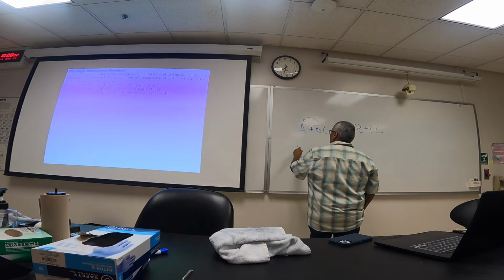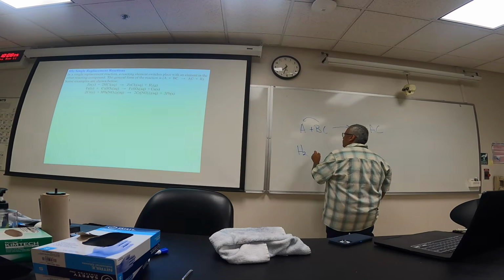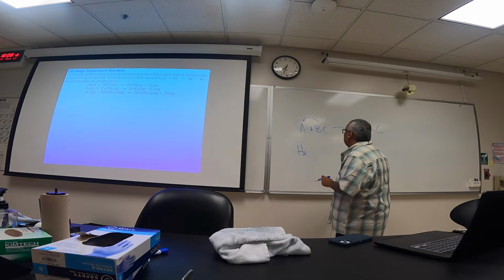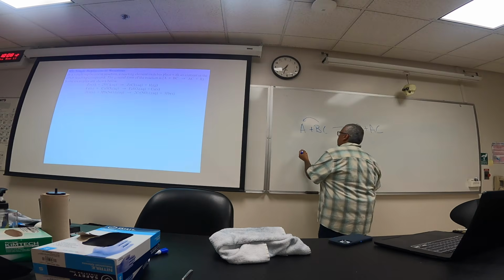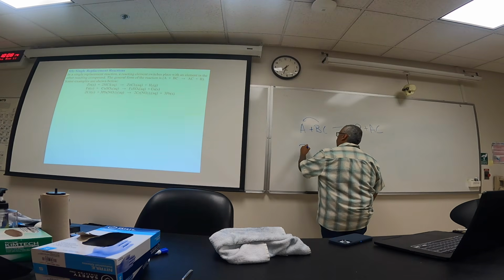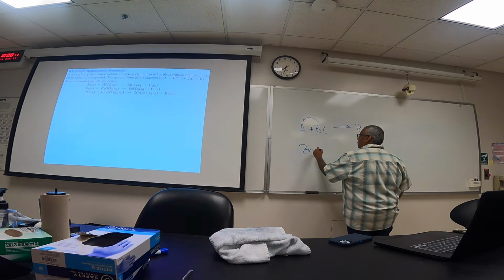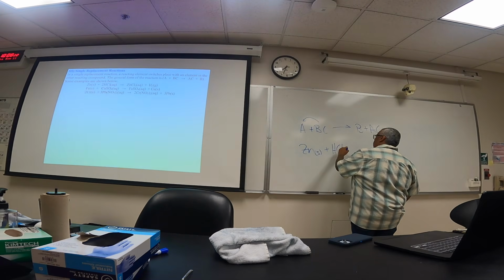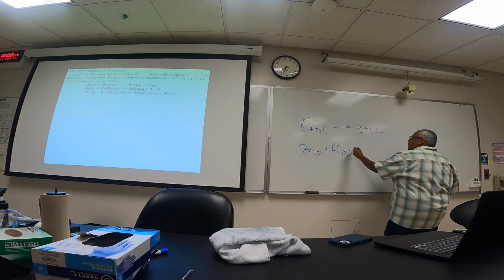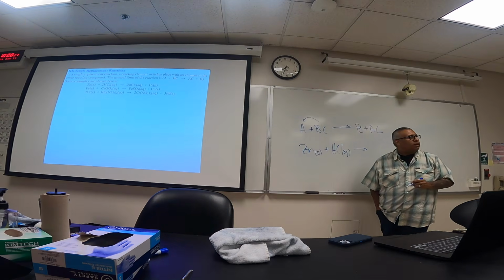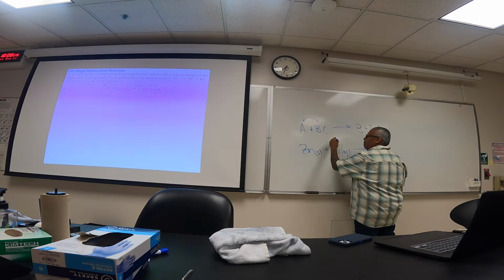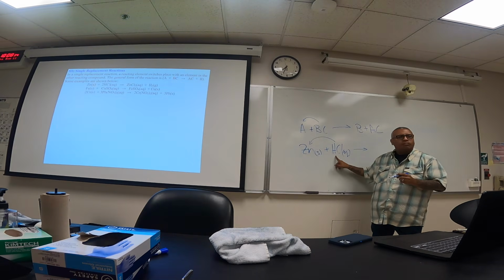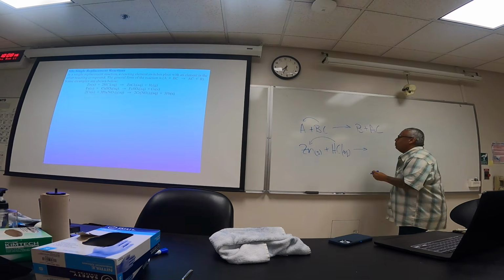Let's take some, what do we use here? Hydrochloric acid. Yeah, let's use that. So let's use zinc solid plus some hydrochloric acid, that's aqueous, single replacement reaction. We're going to replace the zinc for the hydrogen. Hydrogen's going to get replaced.